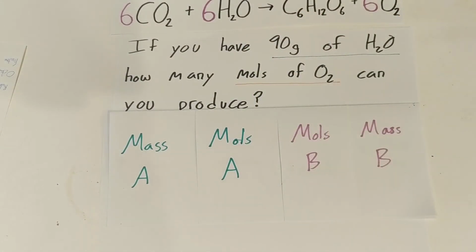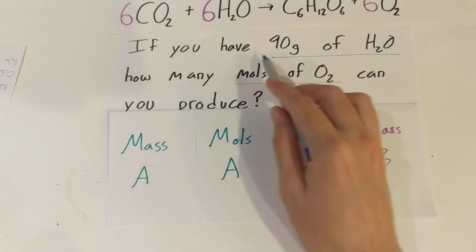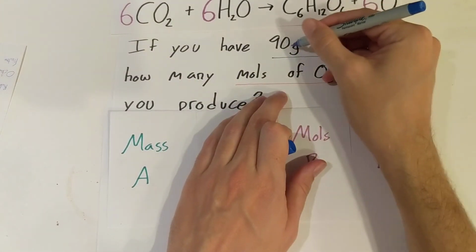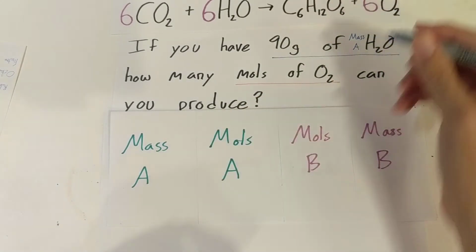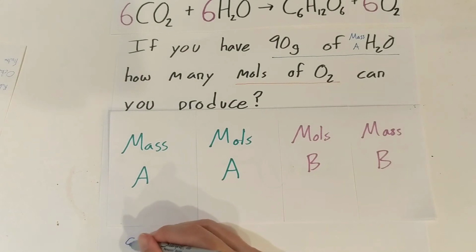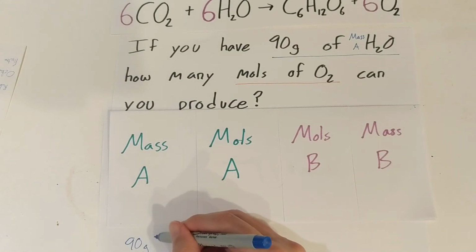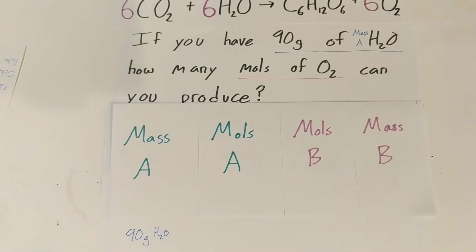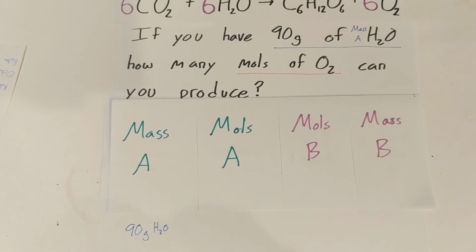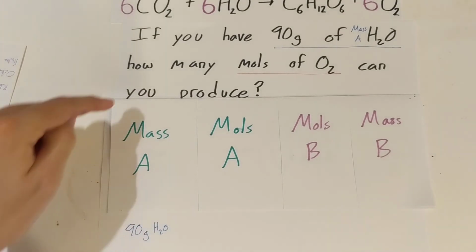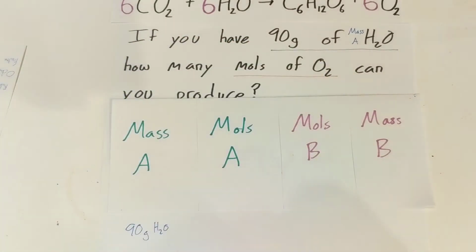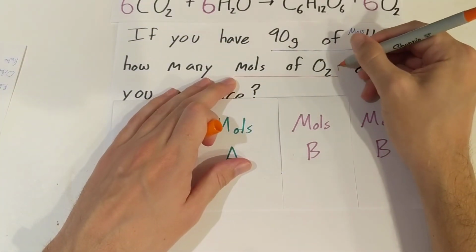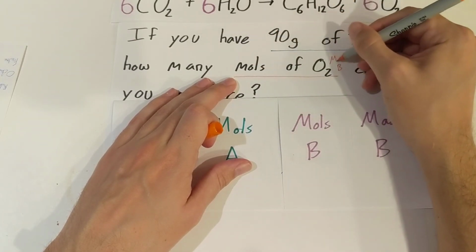So here, you got to figure out where we're starting and where we're ending. So if you have 90 grams of water, we're starting with grams, so it's mass of A. So we're starting right here. 90 grams of water. And we're trying to get to moles of oxygen. So we're going, oxygen will be B. And we're just trying to find moles here.